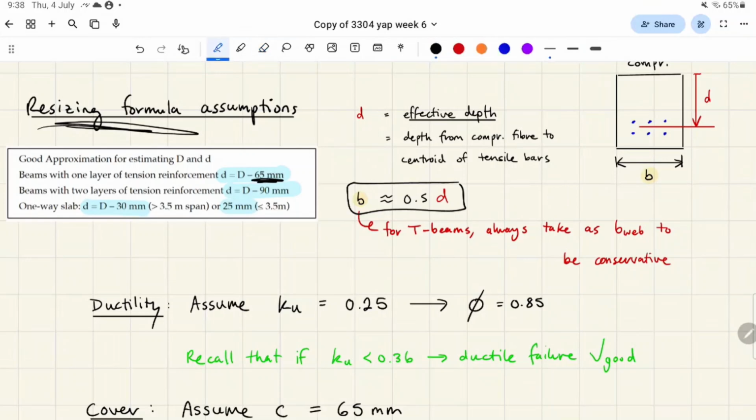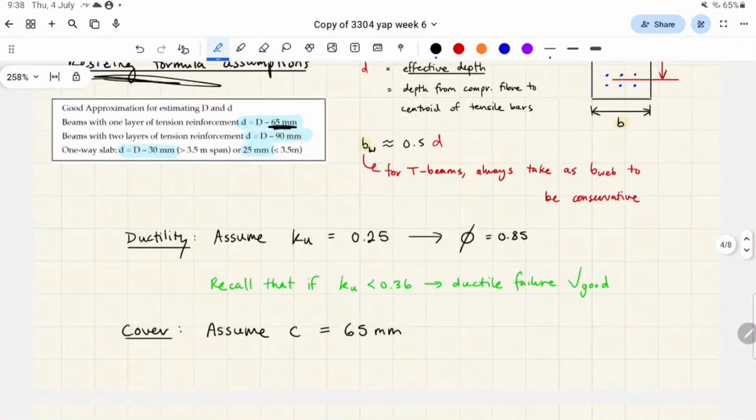But luckily we don't have to think about that because, I don't know if this is in the standards, but it's in Talon's notes, we always take this as B web to be conservative. So you won't have to think about which side is which for this formula. It's just BW basically.